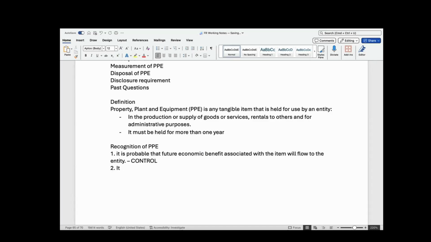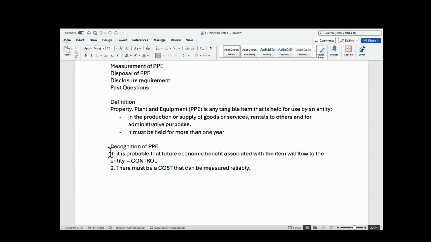Number two is that there must be a cost. There must be a cost that can be measured reliably. So the asset in question, the item in question must have a cost that you can measure reliably.